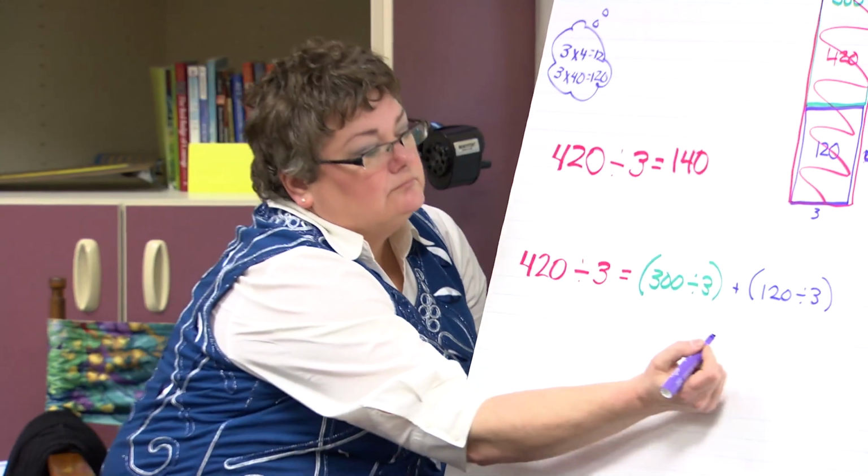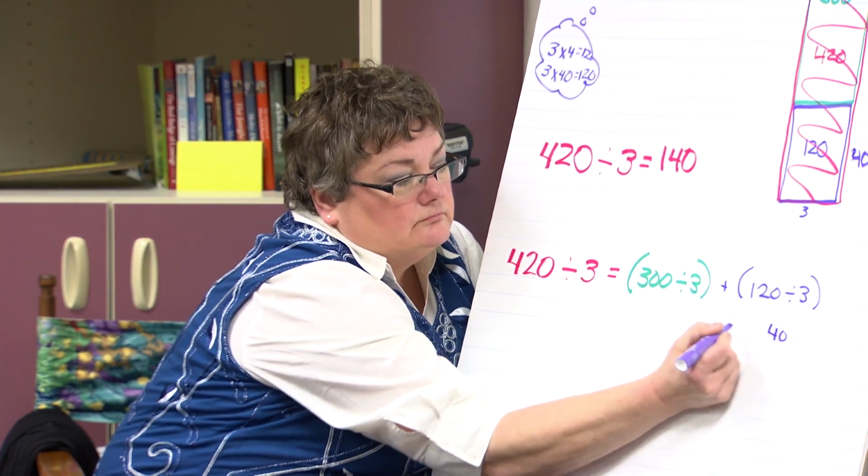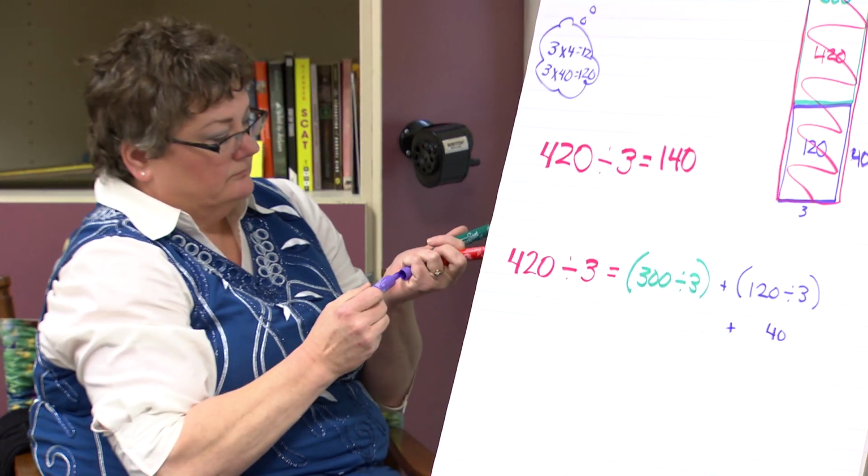Nation? I think that's true because 300 divided by 3 is 100, and 120 divided by 3 equals 40, and 100 plus 40 equals 140.